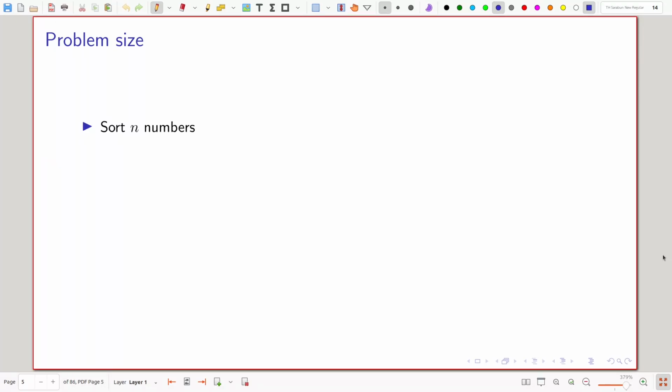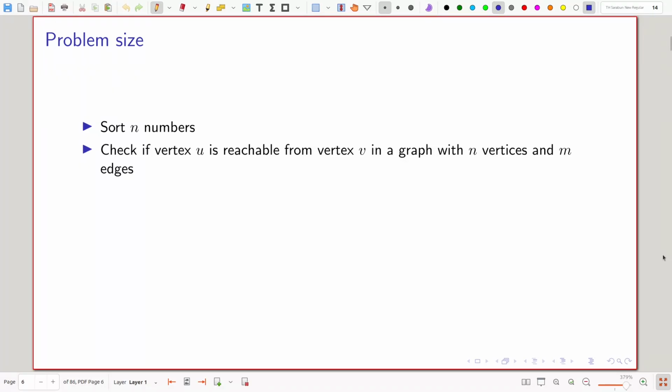If you want to sort n numbers, the problem size is n. If you have a graph, the size is the number of vertices and edges. If you have matrices, you have n squared numbers, so the size of the problem is n squared. But if you just have two integers, the problem size is 2, which is a constant.